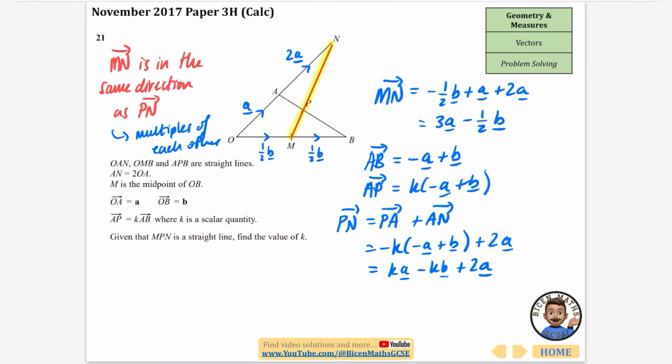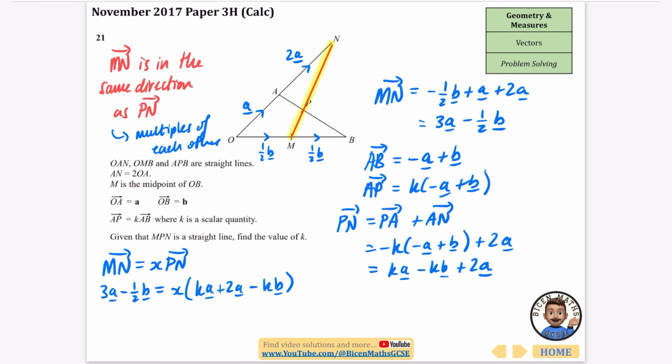So I'm going to say that MN is some multiple x of PN. So MN is 3A minus a half B, and that is some multiple x of this one that we've got here. Or maybe I should put the x on the other side. We'll see how this goes. We're going to say that it is K plus 2A. So there is a KA plus 2A, and then we get minus KB.